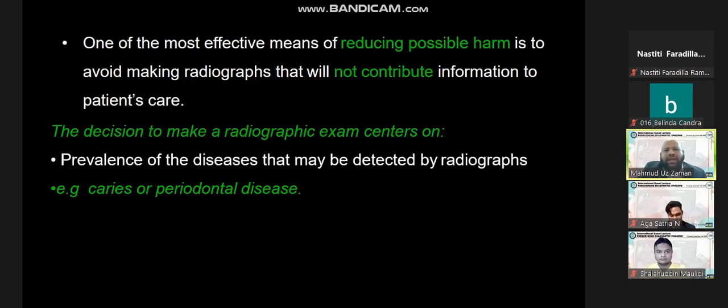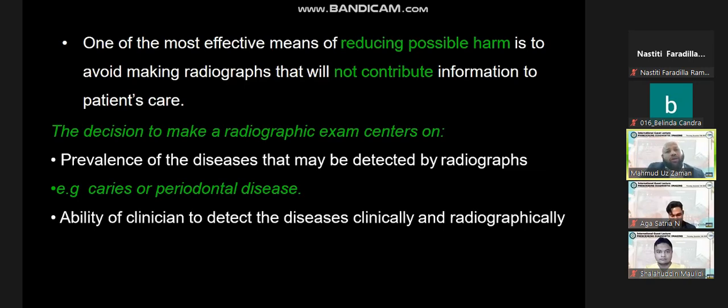A bite-wing radiograph will give you the best resolution, density, and fine details of the carious lesion, obviously for posterior teeth. For anterior teeth, you will go for a periapical radiograph. For periodontal disease, if it is generalized, you will go for a panoramic radiograph. If it is localized in the posterior teeth, you may go for vertical bite-wing radiographs.